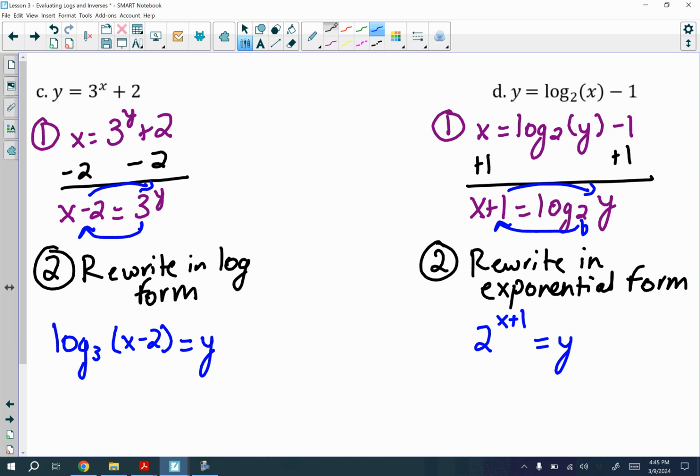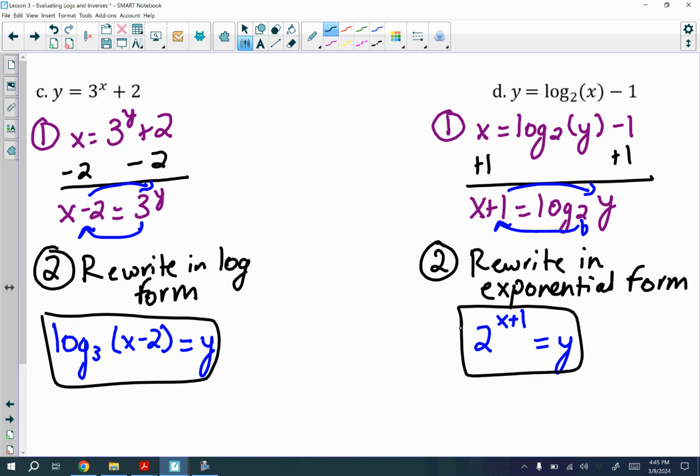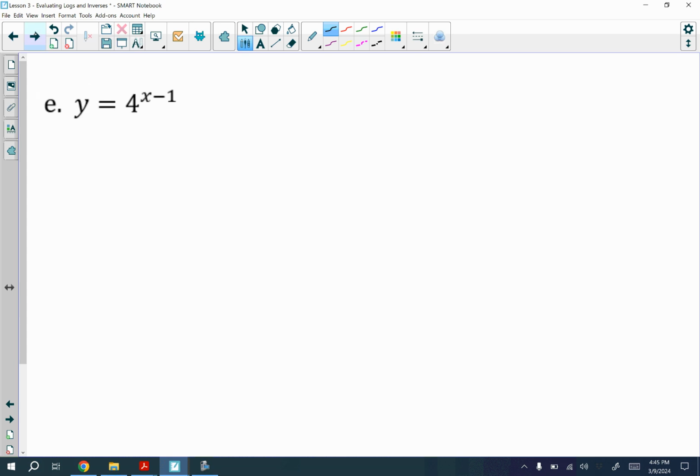So just be careful with a lot of these problems. It is going to get a little tricky knowing when to move something over before rewriting versus moving something over after rewriting. Okay, we're going to try one more example. Okay, so once again, very first step, we switch. So I have x equals 4 to the y minus 1.